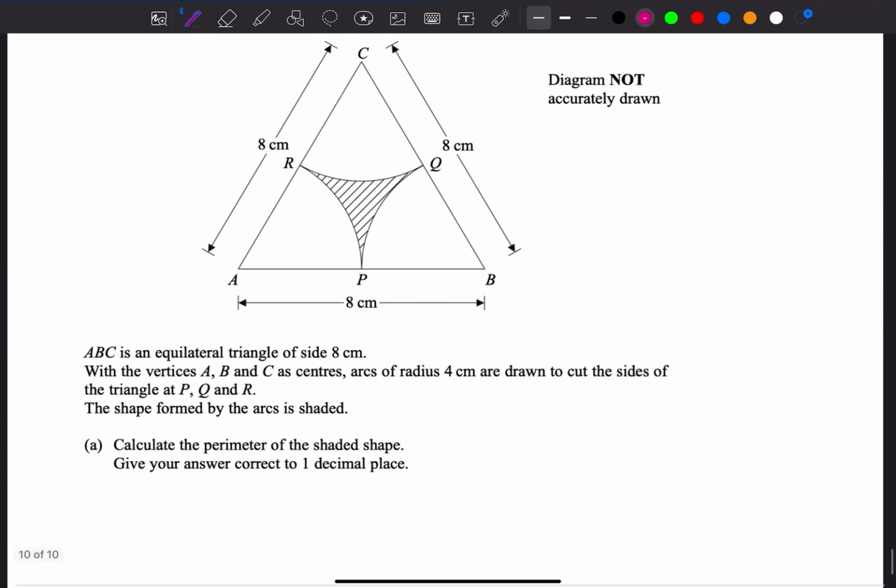They want the perimeter of the shaded shape. Okay, sure. You know that this part is 60 because it's an equilateral triangle here, right? And is it midpoint? Yes, radius of 4, so technically these are midpoints here and here, that's 4. So this is your arc length then. What's your arc length? 60 over 360 times 2 pi times r, which is 4. That's 4.19.